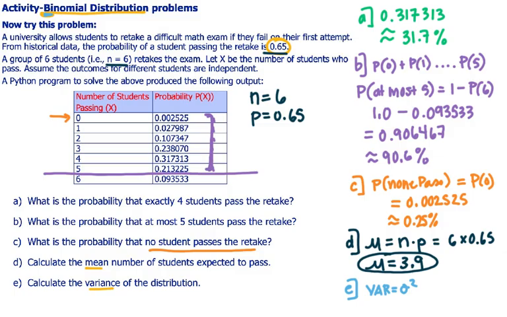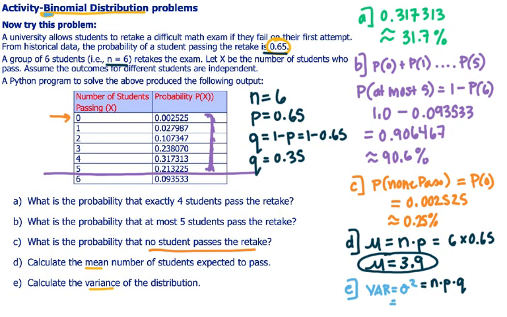Besides needing P, we'll need something called Q, which is the probability of failure. That's just 1 minus P, so in this case, 1 minus 0.65. And so we'll get Q is 0.35. Now the formula is the variance of a binomial experiment is just n times p times q.